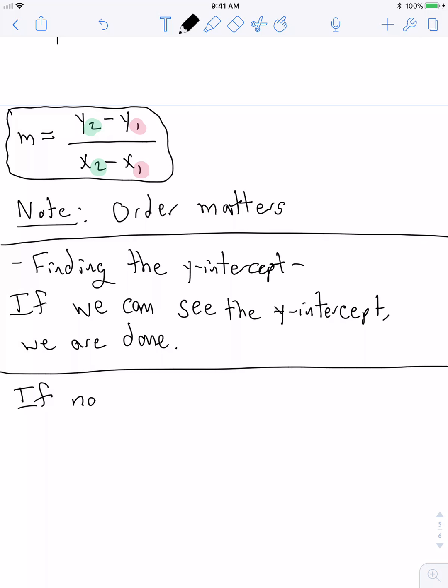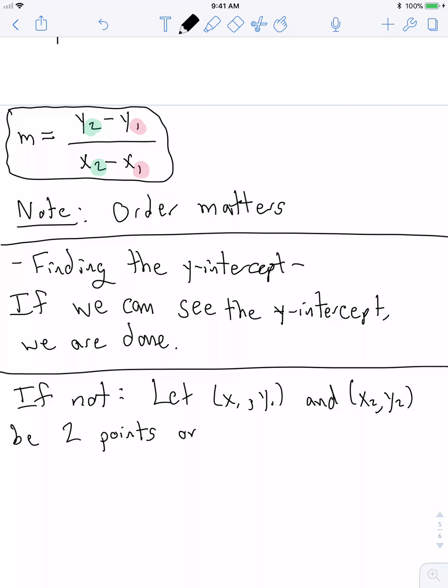If not, then let, again, (x1, y1) and (x2, y2) be 2 points on a line. But now, let's also let x and y be variables.